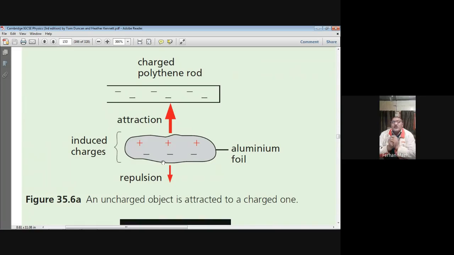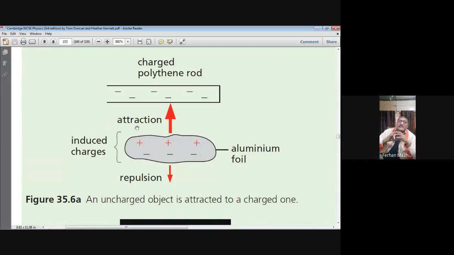And we know that positive and negative attract each other, and negative and negative repel each other. For example, here this rod is negative and the top of the aluminum foil is positive, so they will attract each other. This negatively charged rod and the bottom of the aluminum foil both have negative charge, so they will repel each other.